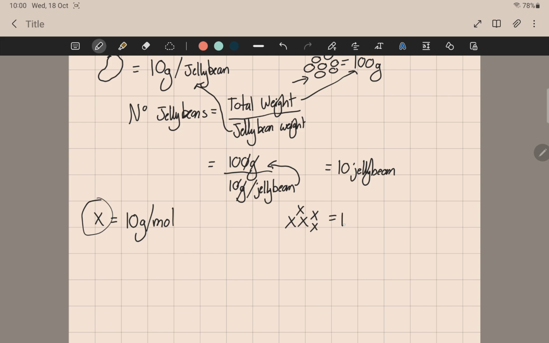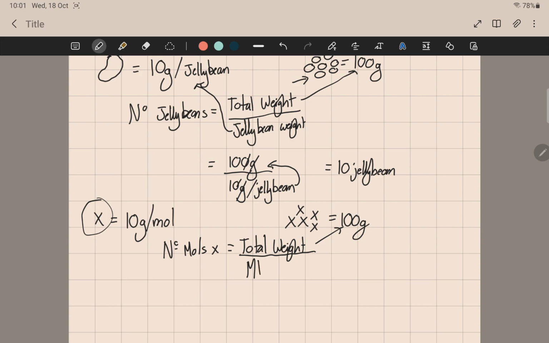And there are 100 grams in our pile. So to get the number of moles of X, okay, moles of X, we need the total weight of X, which we got here, divided by the weight per X, or our molecular weight, all right?